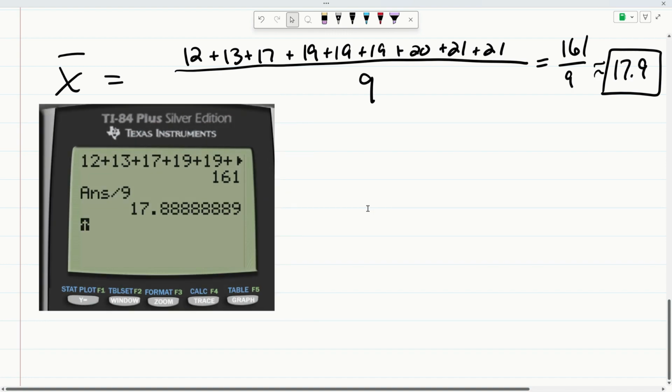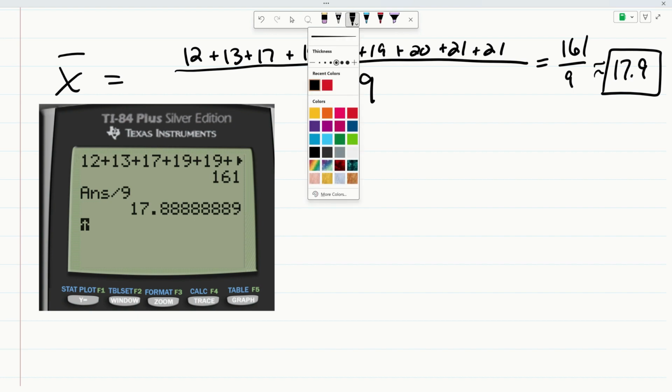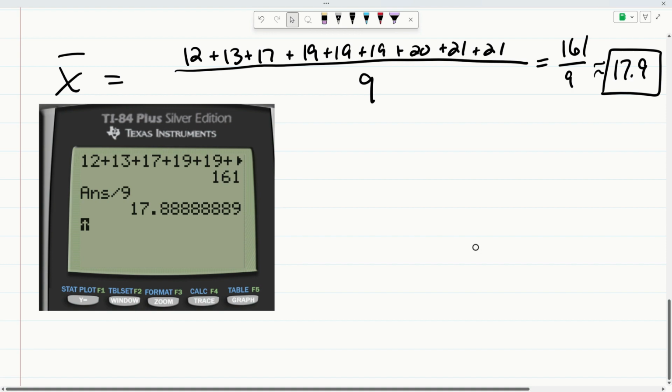I definitely encourage everybody to be using a calculator. It just makes the little tedious math easier for us. So that is how we find the mean. Now, sometimes you may come across a problem that's not exactly straightforward as this one is.